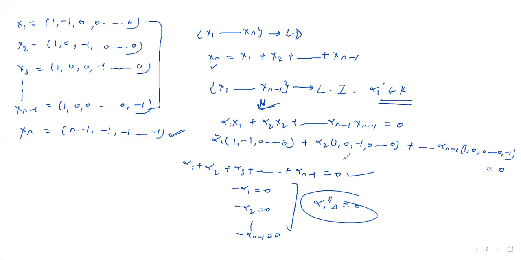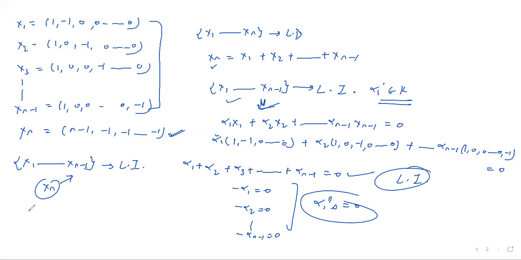So this set of vectors is linearly independent. You can also see that I have proved that the set of vectors x1 to xn minus 1 is linearly independent, and there is one vector xn which can be written as their linear combination. Then the whole set x1, x2 to xn is linearly dependent.